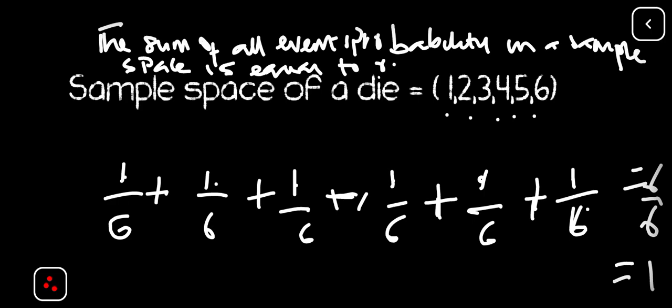All right. Okay, so that's the known fact in probability, and that helps you understand why the probability of success plus the probability of failure is 1.